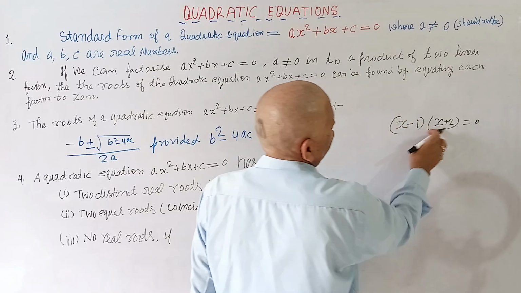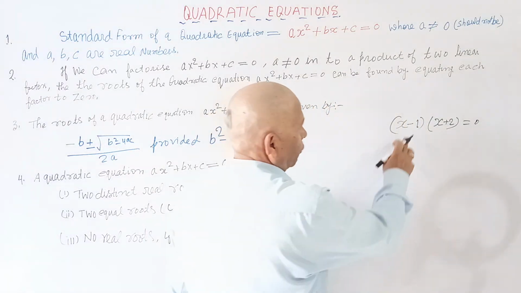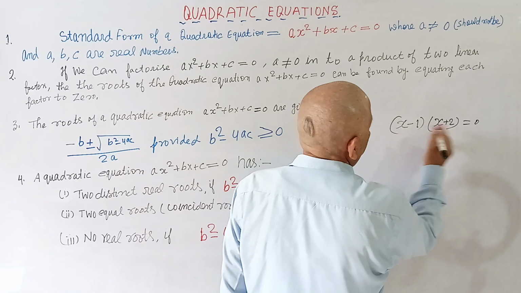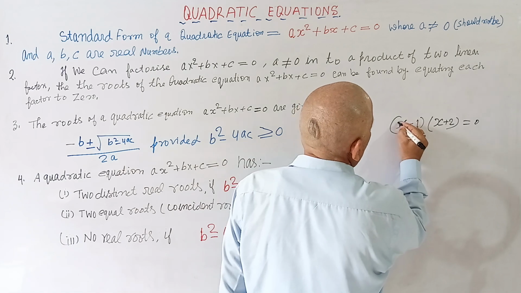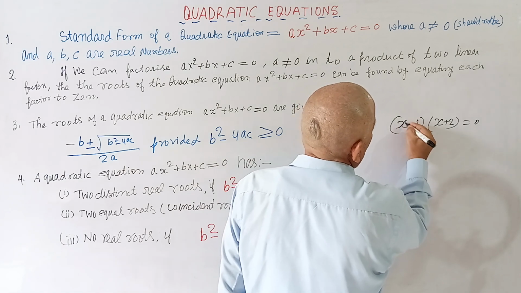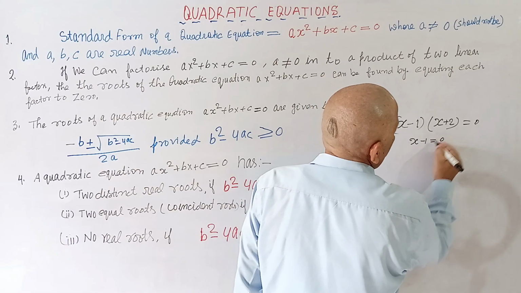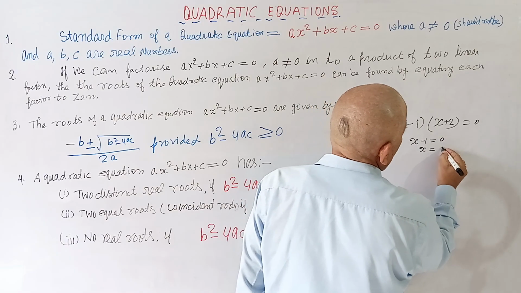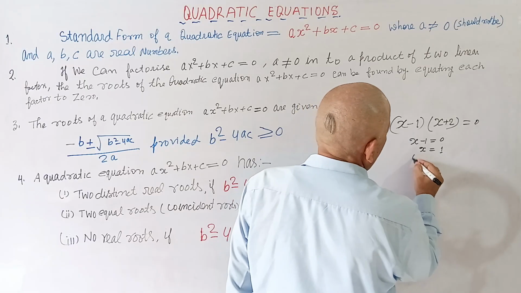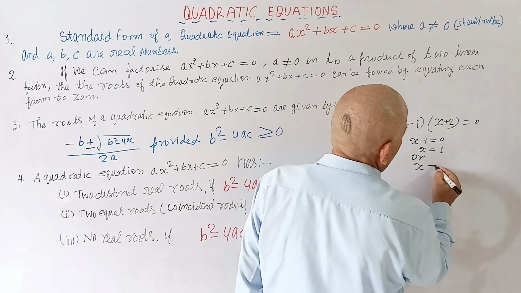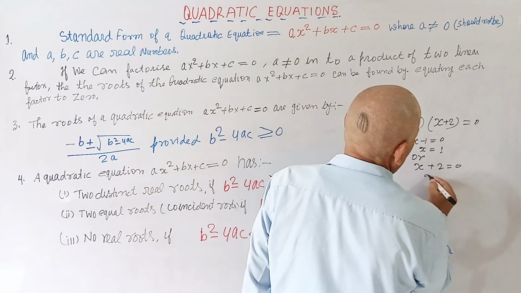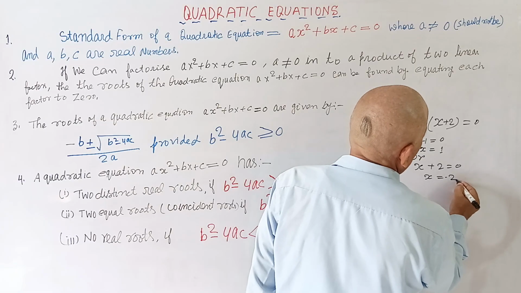So these are the two linear factors. If we equate each factor equals to 0, we will get the value of x. That means x minus 1 equals to 0, that is x equals to 1, or x plus 2 equals to 0, or x equals to minus 2.